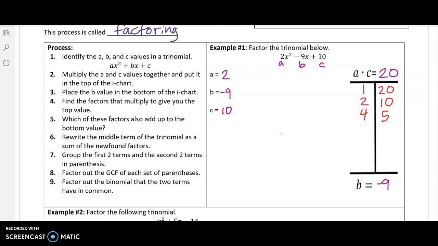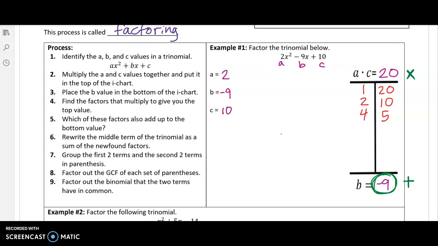We want something that is going to add up to give us that -9 at the bottom. So maybe we need to make a note of that. In the top, we're trying to find things that multiply to give us 20, but those same two numbers also need to add up to equal -9.